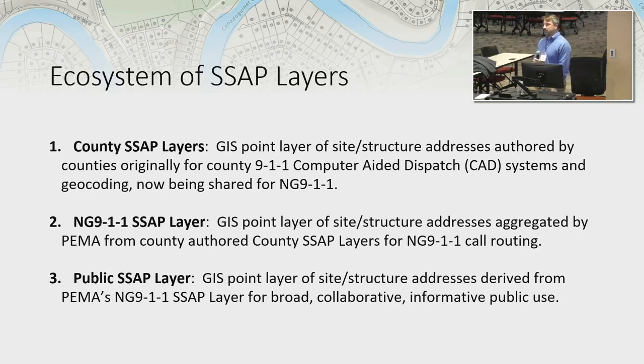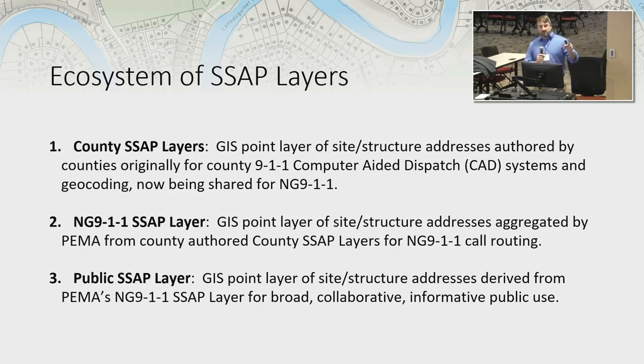I'm going to be talking about a lot of different kinds of address point layers. And I like to think of them as an ecosystem. So we have our county GIS data, our county address point layer that counties have been maintaining for the last decade or two to work in their 911 system.